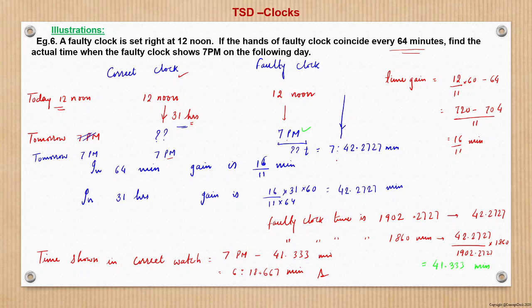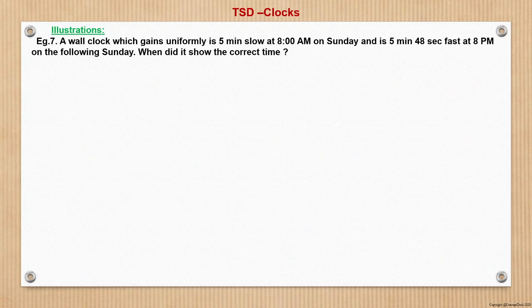So by then the faulty clock would have moved by 1902.2727 minutes, thereby having a gain of 42.2727 minutes. So if the actual movement in the faulty clock, from 12 noon to 7 p.m., is 1860 minutes, then by that time what would have been the gain in the faulty clock? As soon as we found the gain, we subtracted that from the faulty clock reading to get the correct clock reading.